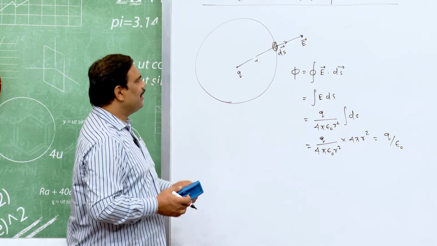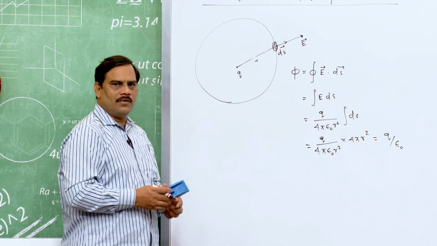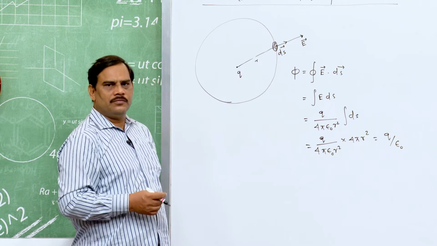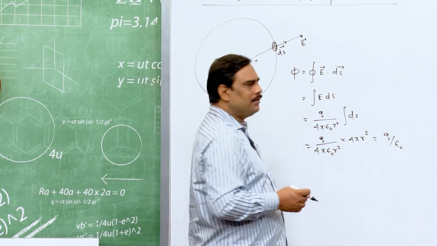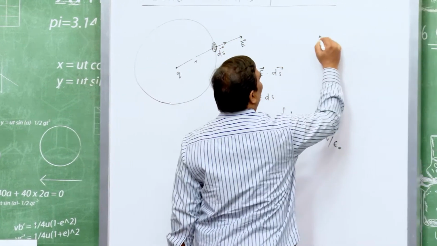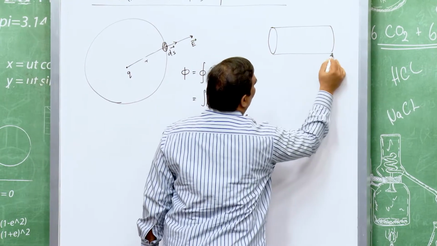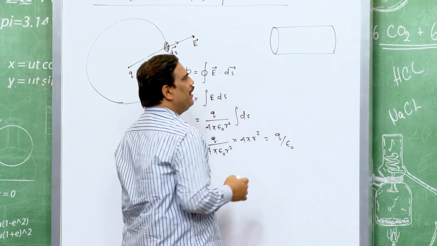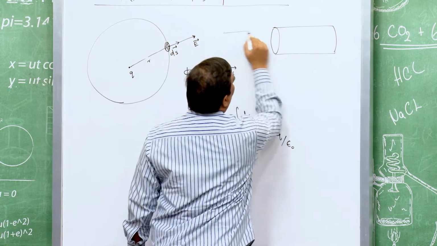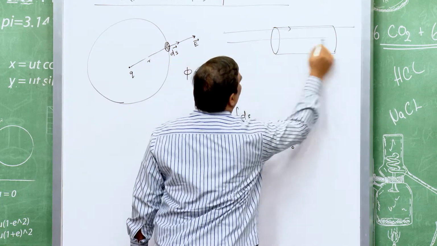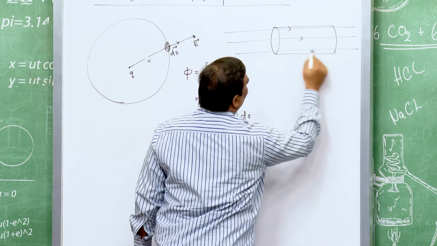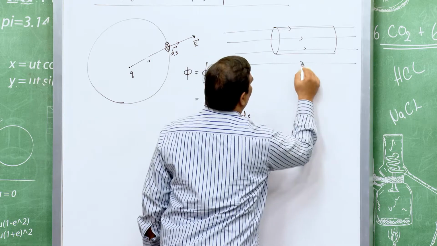Similarly, let us take another example. Suppose we have a cylindrical surface, or we have a cylinder placed in a uniform electric field. Uniform electric field is represented by parallel lines.